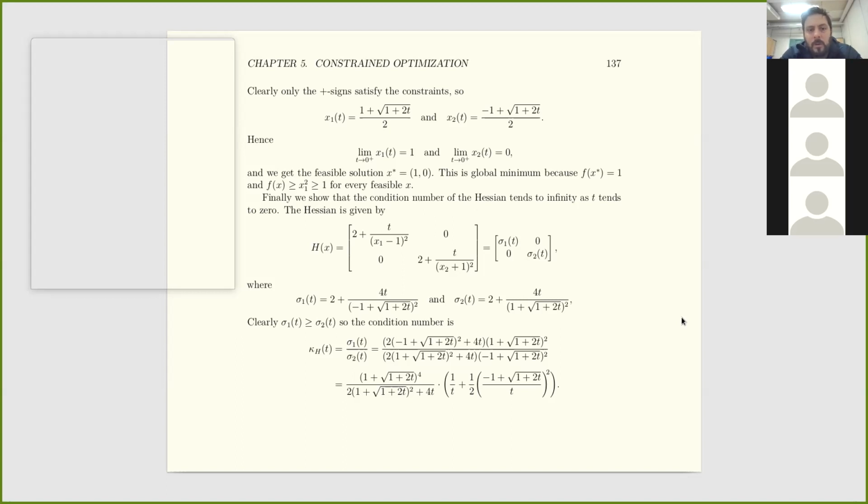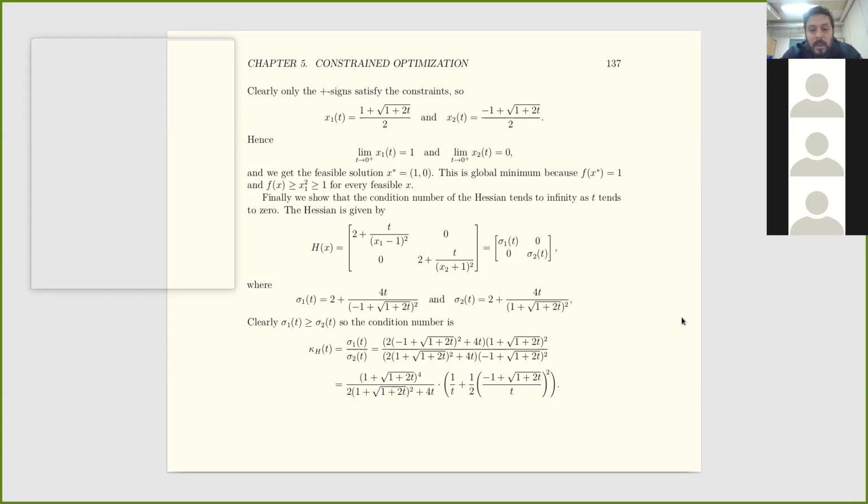But here we show what happens to the condition number. Remember that the condition number is the ratio of the largest and the smallest eigenvalue of the function. And if we calculate the Hessian, we get these two eigenvalues. The Hessian is a diagonal matrix, thank goodness, in this case. And so the condition number can be gotten as the ratio of these diagonals, right?